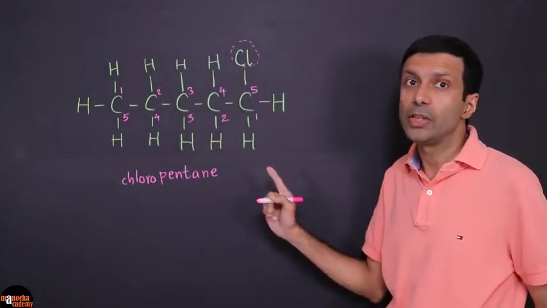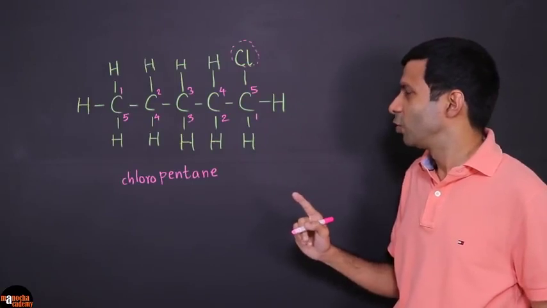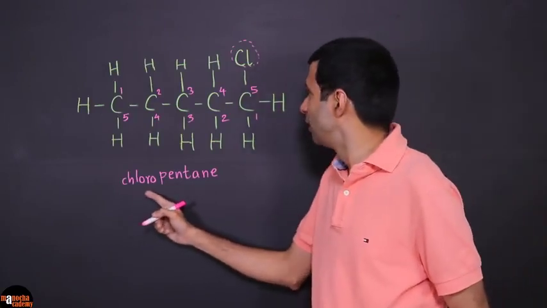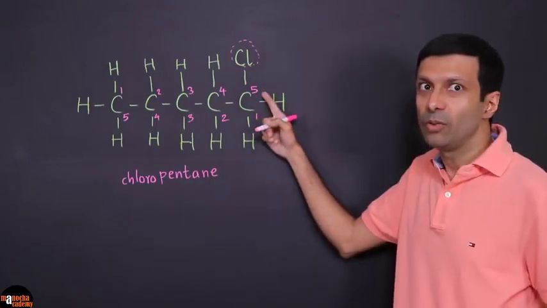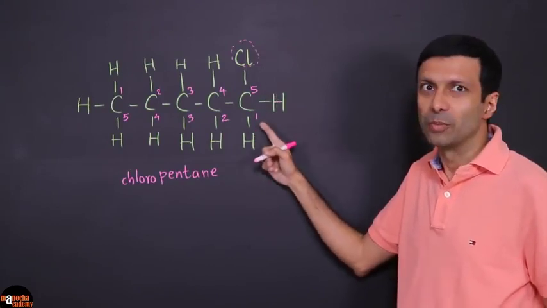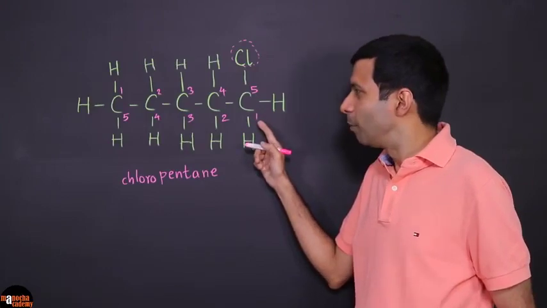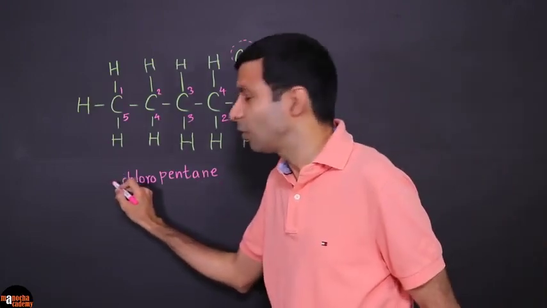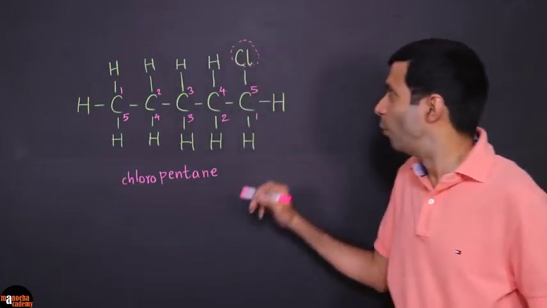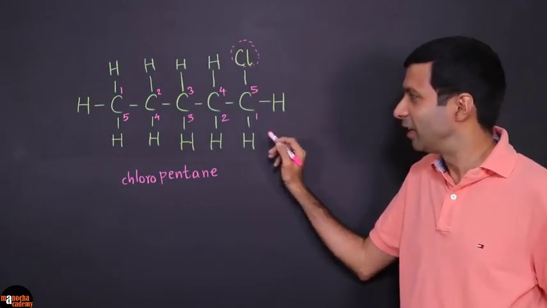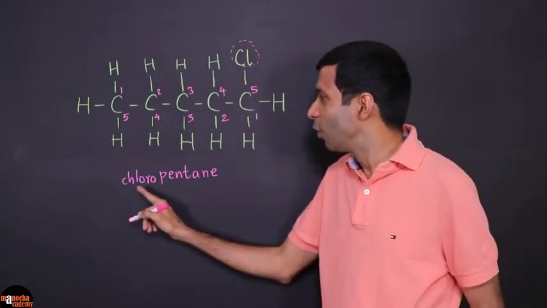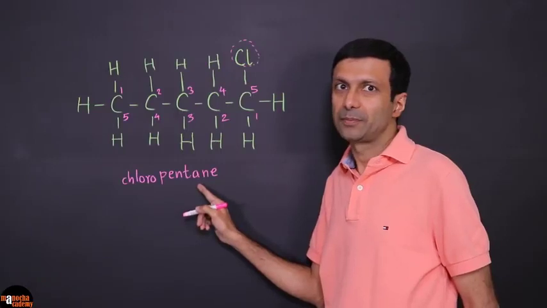And we also need to give the position. So what position of chloro should I give here? Is it going to be 5-chloro? No, it's 1-chloro, because we'll choose the nearest number, the smallest number here. But there's no need to actually write 1-chloro here, because the number 1 is not necessary. So simply the name is going to be chloropentane.